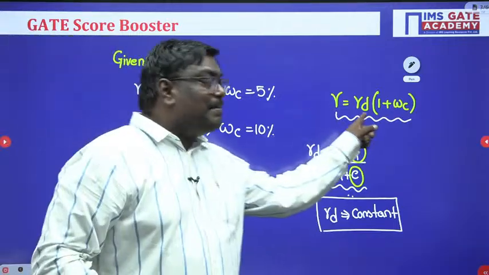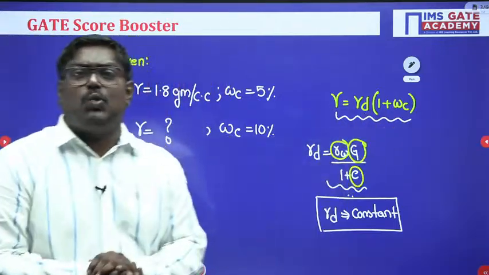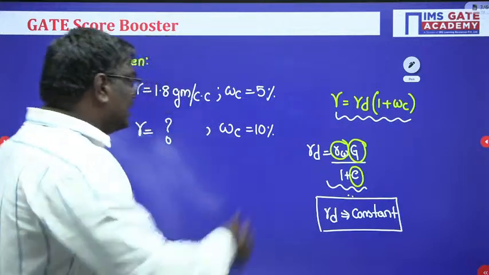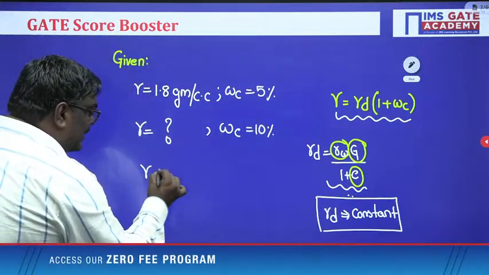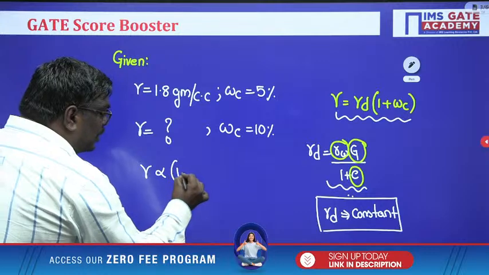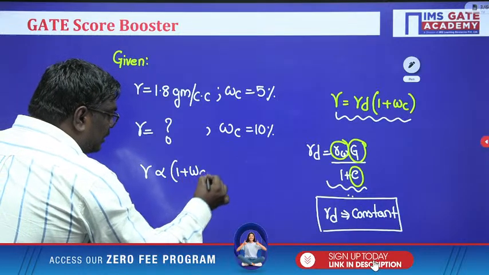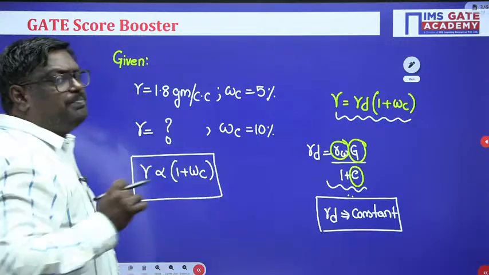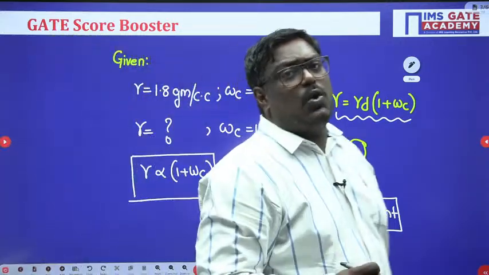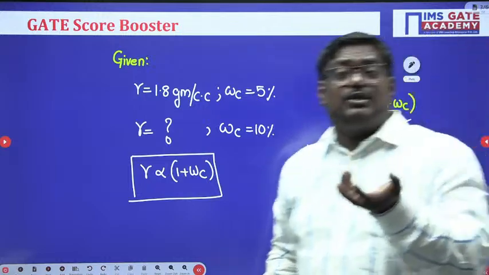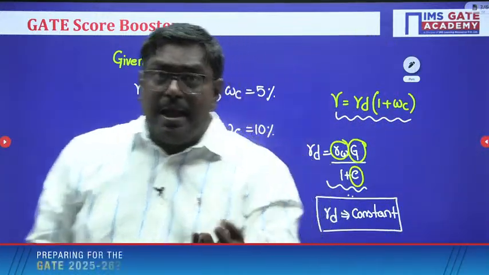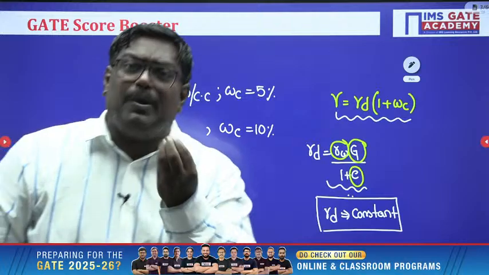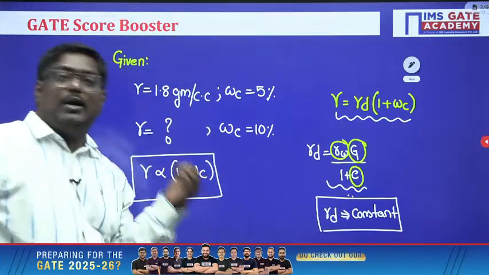So you know gamma is equal to gamma d into 1 plus water content. Now I can write this equation as gamma is proportional to 1 plus water content. This is the outcome of this problem: when the void ratio is constant, bulk density is directly proportional to 1 plus water content.